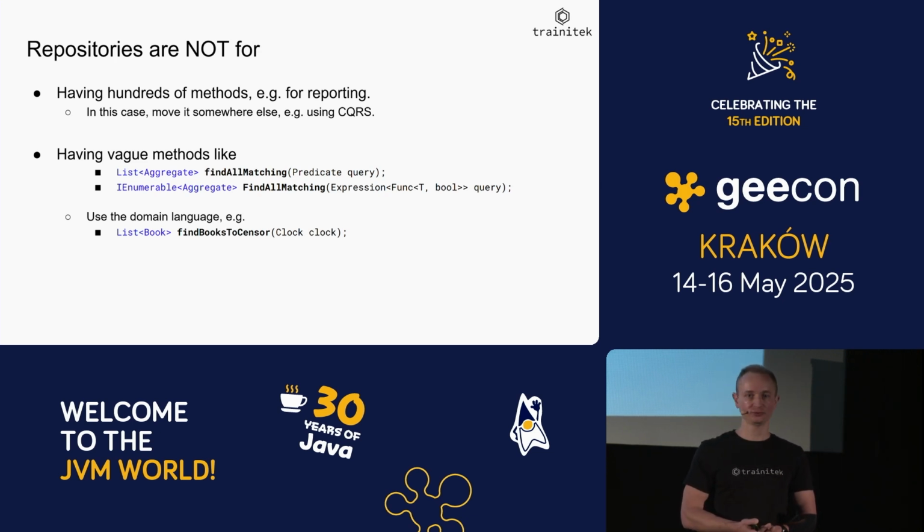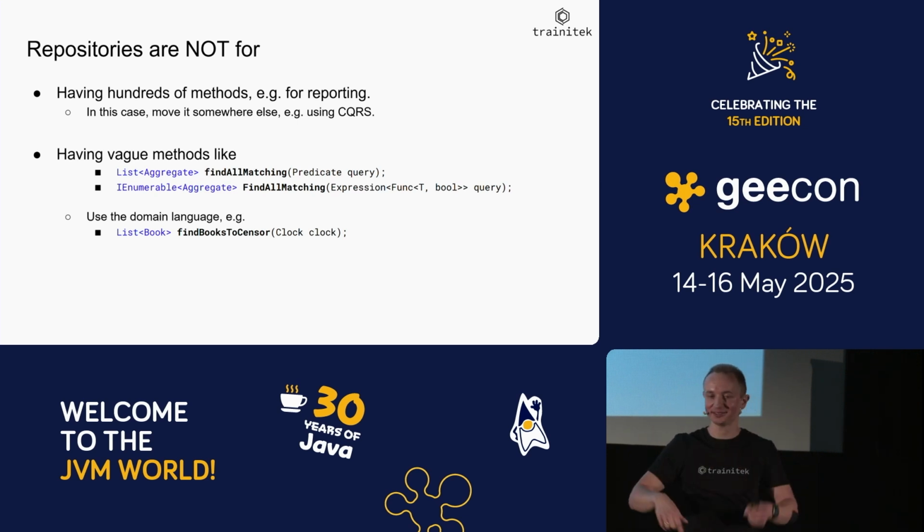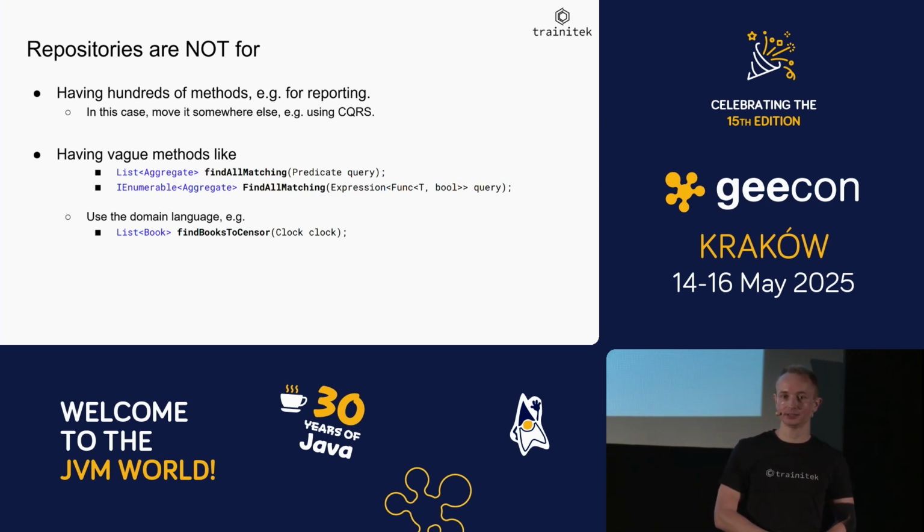You don't have full control in your domain model, and it can be hard to support all the wishes the client code has. Just adding, like, I want this and I want this and sort by something, and it just stops working, and you have fun supporting one more requirement.